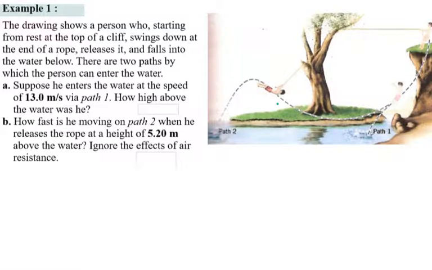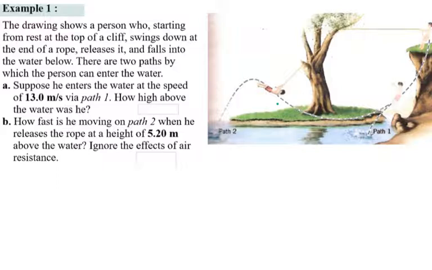So here's the first example that we're going to do today. The drawing shows a person who's starting from rest at the top of the cliff, swings down at the end of the rope, releases it, and falls into the water below. There are two paths by which the person can enter the water.